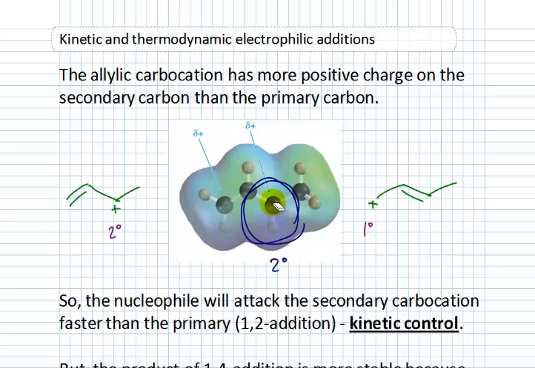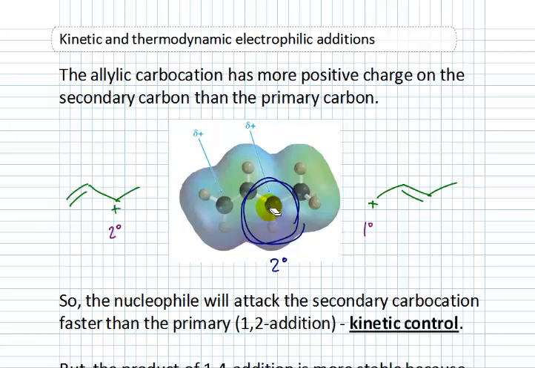Because that secondary carbon can better stabilize that positive charge, the nucleophile will more readily attack that secondary carbocation, just by the attraction of opposite charges. If this has a stronger positive charge to it, it will more strongly attract the nucleophile to it.